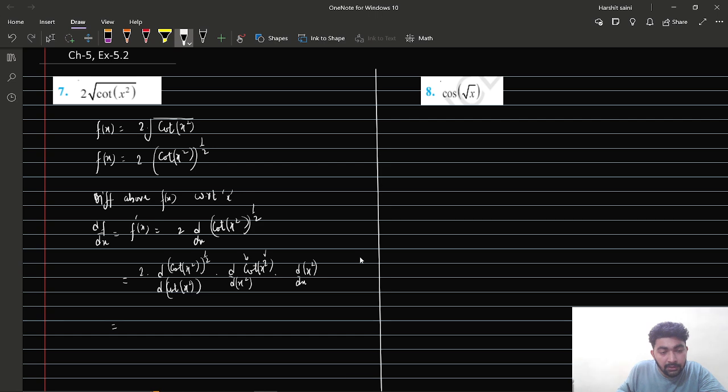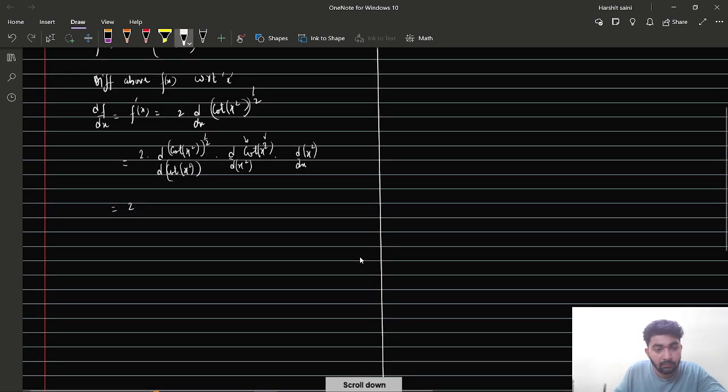Here we have 2, and d by dx of cot of x square will come as 1 by 2 cot of x square as it is, and power 1 by 2 minus 1, which gives minus 1 by 2.